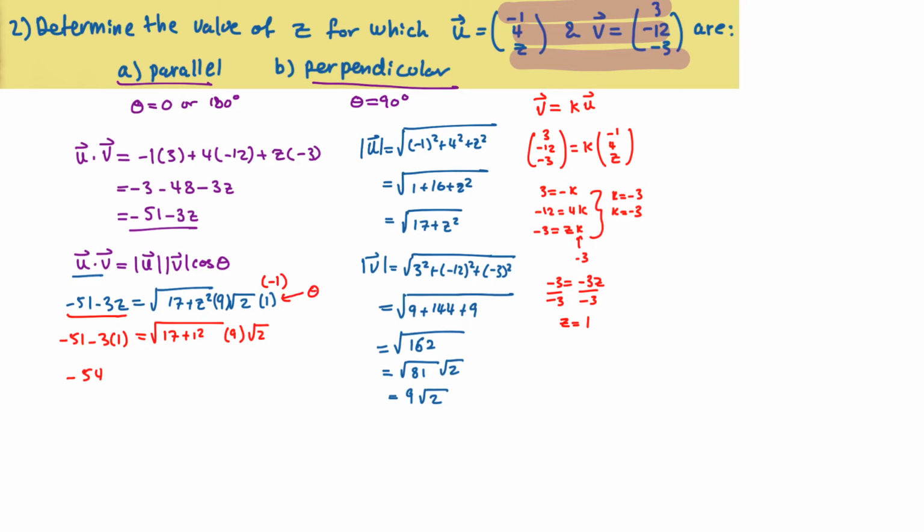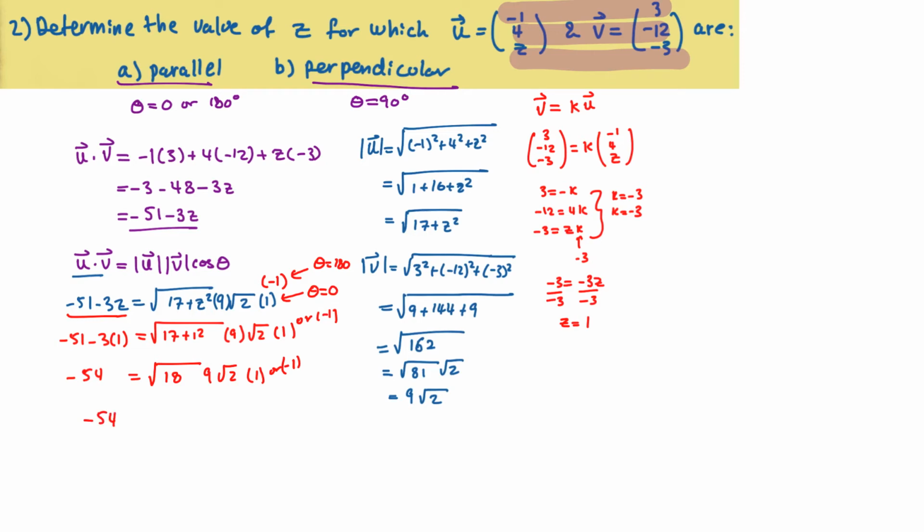This is if theta is equal to 0. This is if theta is equal to 180. So let's keep it as 1 for now. And this is going to equal root 18 times 9 times root 2. Actually, I'm going to say 1 or negative 1.